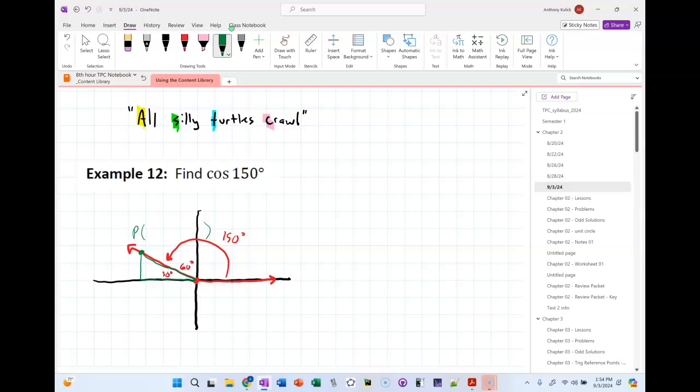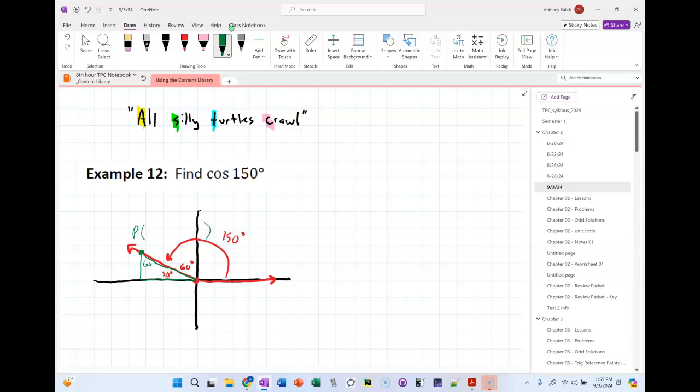Is everybody okay there? So I have a right triangle with one 30-degree angle in it. What does the other angle have to be? It's got to be 60, right? And what does that mean we have here? A 30-60-90 triangle.